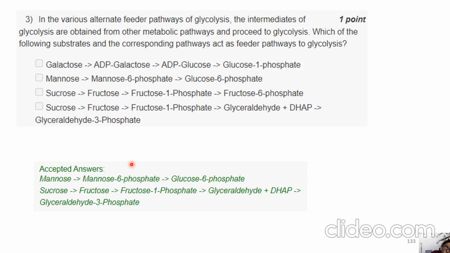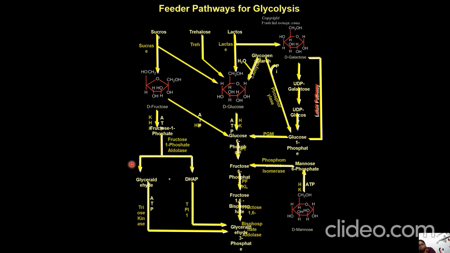The other will be sucrose to fructose, fructose to fructose 1-phosphate, to glyceraldehyde, dihydroxyacetone phosphate, and glyceraldehyde 3-phosphate. Would anyone like to comment on this, or shall we discuss more about it? These are the feeder pathways for glycolysis.